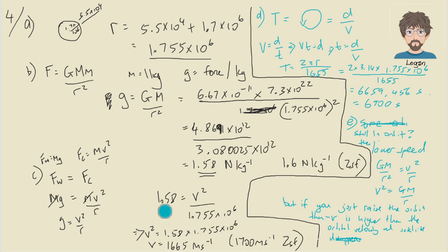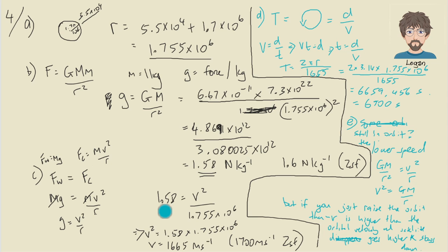Actually, it doesn't, it just goes higher. And ultimately, because it goes higher, it has to lose energy and might slow down. So that will slow it down eventually as well, but it's a really complex dynamic. I don't think that's what they're really expecting. I think they're more expecting this first answer, that it's still in orbit at a higher orbit, therefore it's going to have a lower speed.